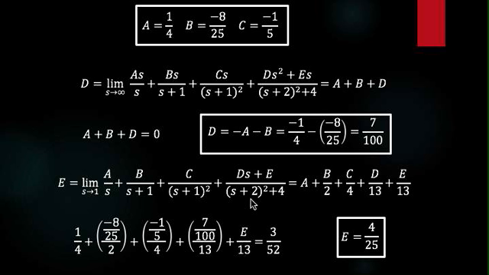When we substitute all the terms, we have a plus b over 2 plus c over 4 plus d over 13 plus e over 13. This is equal to these operations, and if we clear the constant e from this, we obtain that e is equal to 4 over 25.